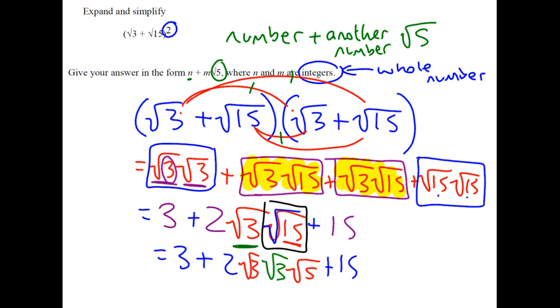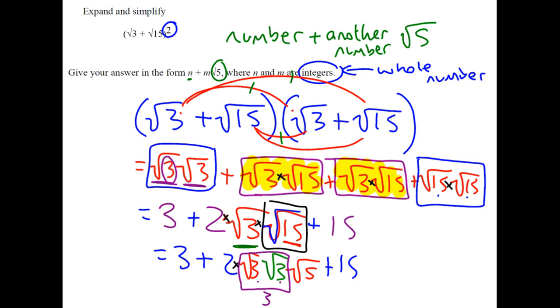Add the 15. Now remember, when you've got root 3 times root 3 together, they team up, okay, and you just get the 3 out of it. So this is, instead of root 3 times root 3, it's just 3. Remember, when we're putting things next to each other, it's all invisible times signs, okay? All the time. All invisible multiplies.